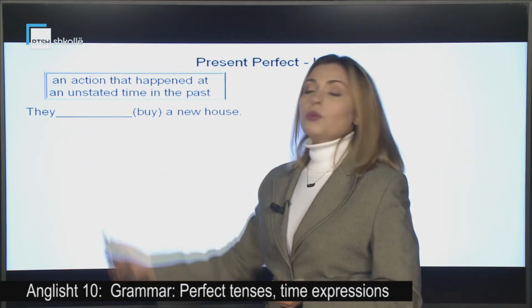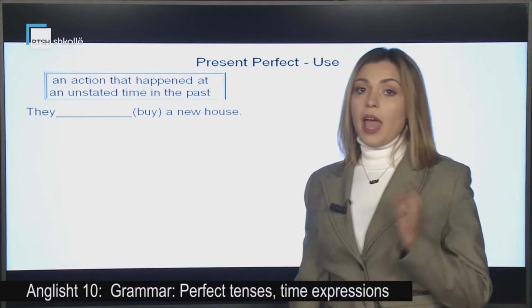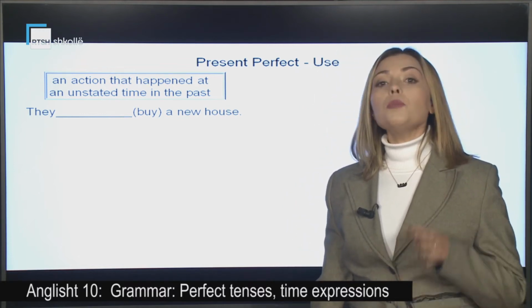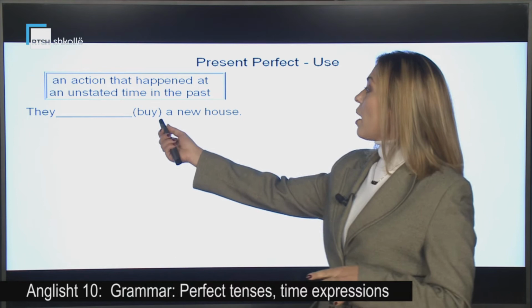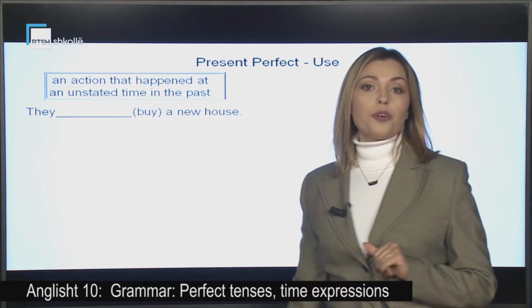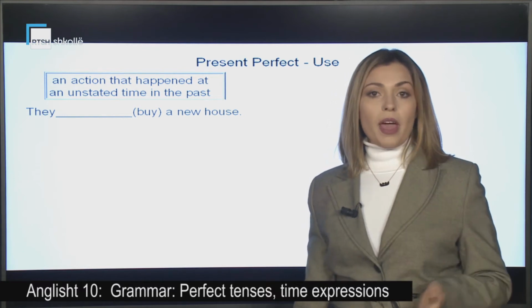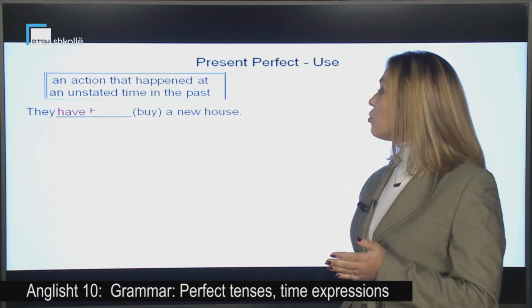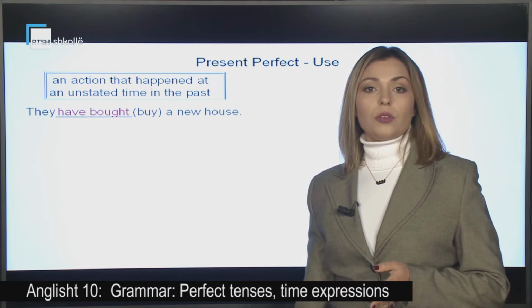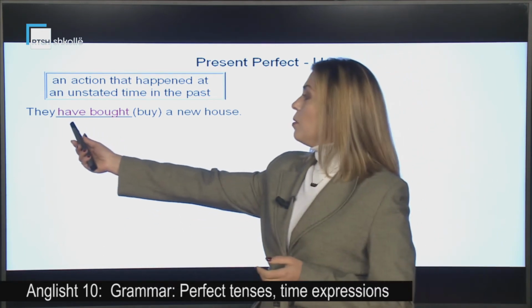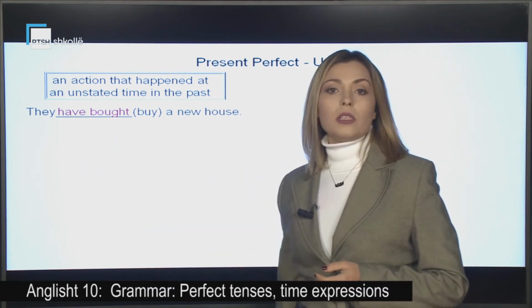They, what did we say? We have, and the past participle of the verb buy. We say buy, bought, bought. So they have bought a new house. Auxiliary verb and past participle.